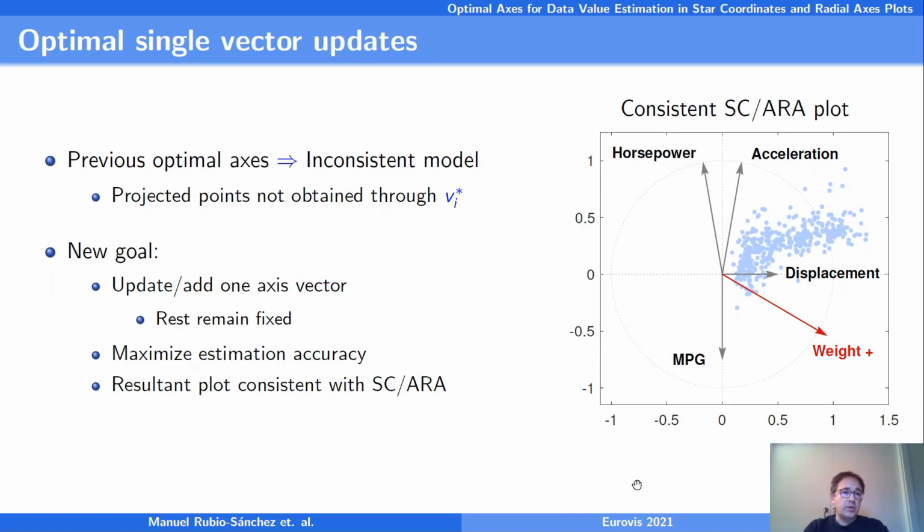A drawback of the previous optimal axes is that they lead to inconsistent models. They are inconsistent because the projected points are the same, but we're using different vectors. So now our new goal is going to be to update or add one axis vector while the main remain fixed, and we want to maximize the estimation accuracy, but with a plot that is consistent with the model, with the star coordinates or ARA.